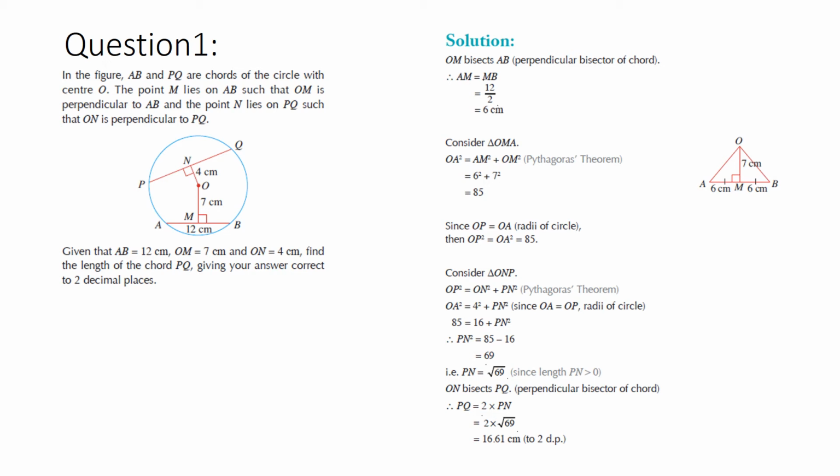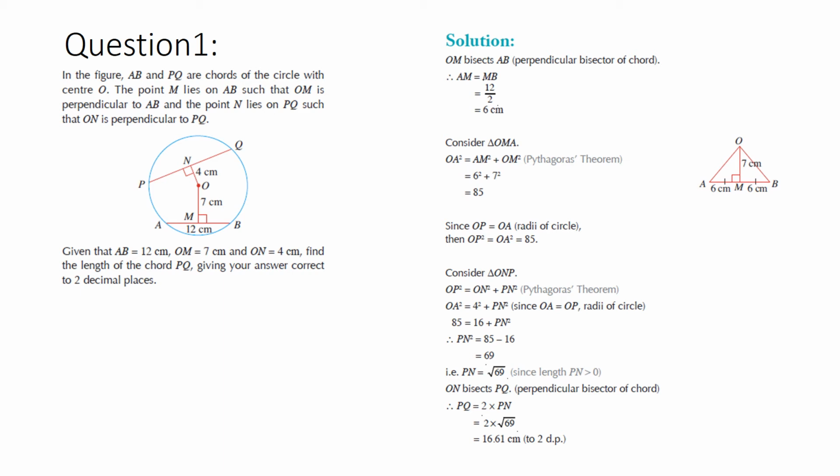So your PN square will become 85 minus 16, that is, it will be equal to 69. Now, in order to find out the value of PN, take the square root of 69. You will have PN equal to the square root of 69. Since ON is perpendicular to the chord PQ, it will bisect the chord PQ.